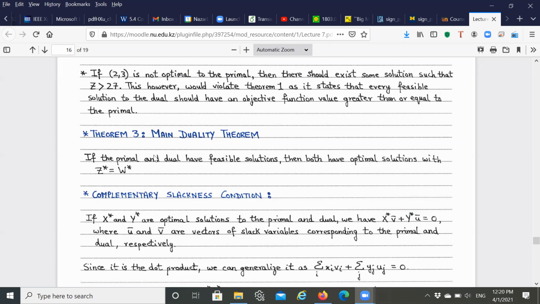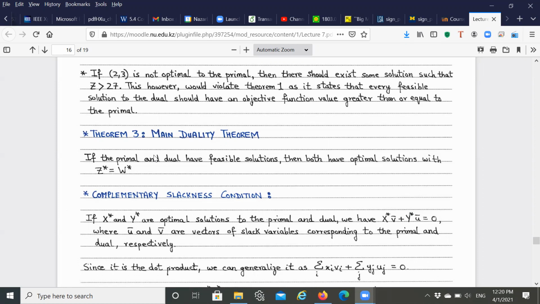Some of you may again use the simplex method to solve the dual, but that would be a very wrong way to go about it, because using theorem 3, the main duality theorem, once I find the optimal solution for my primal, without any hesitation I can claim that based on theorem 3, this would also be the optimal solution for the dual, as long as I have found the dual correctly.